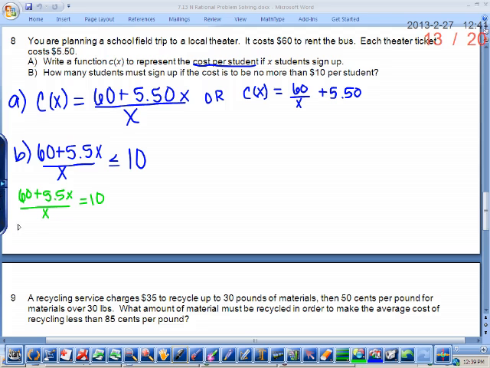So multiply by x, and I get 60 plus 5.5x equals 10x. So 60 equals 4.5x. So we find that x is equal to 13 1/3.